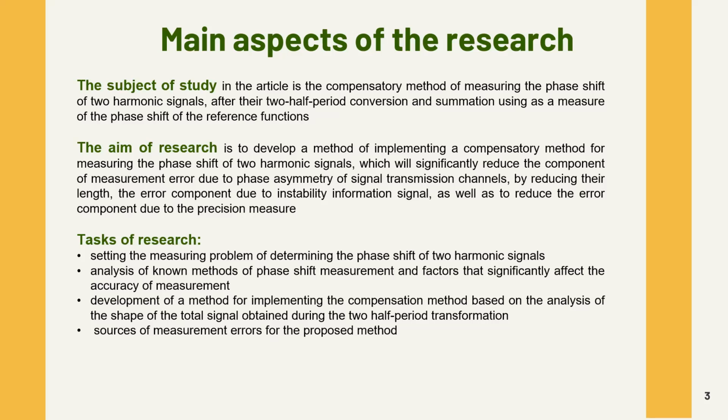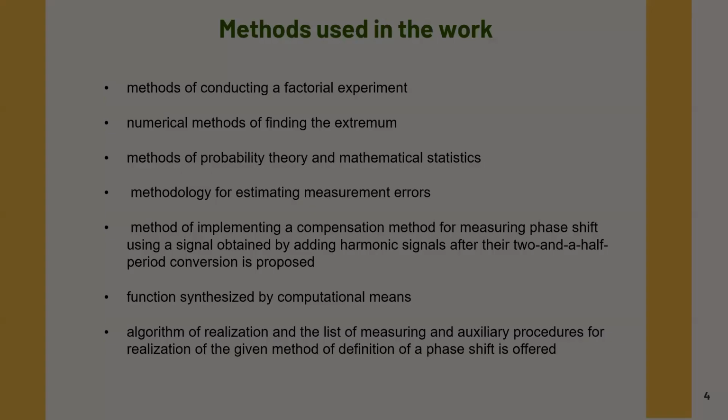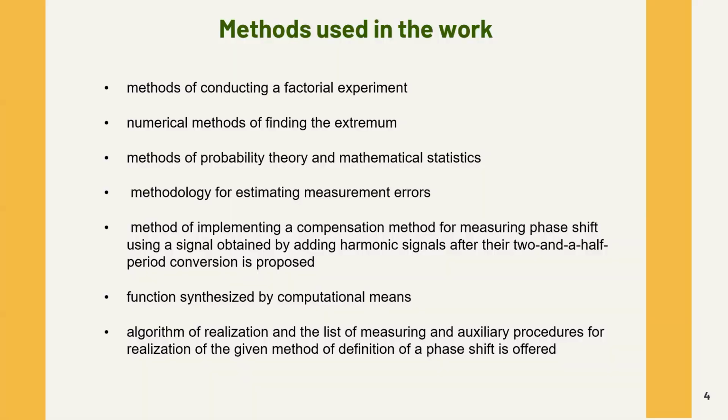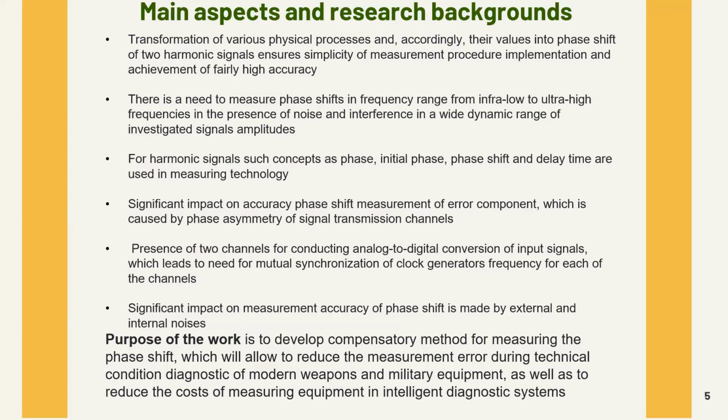Algorithms for finding the maximum correlation coefficient have been developed, and in our work the main error sources for the proposed method for diagnostics and determination of the state of modern weapons and military equipment will allow reducing requirements for measuring equipment without reducing accuracy of measurements. The apparatus for conducting a factorial experiment is the basis for implementing the compensatory method.